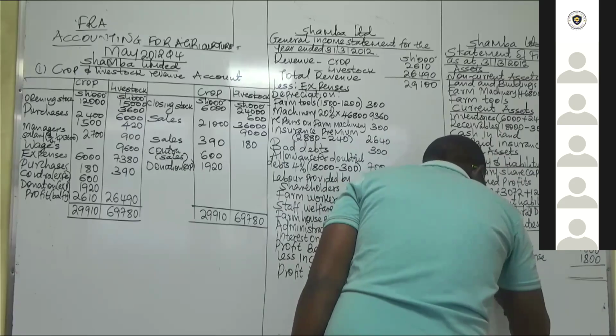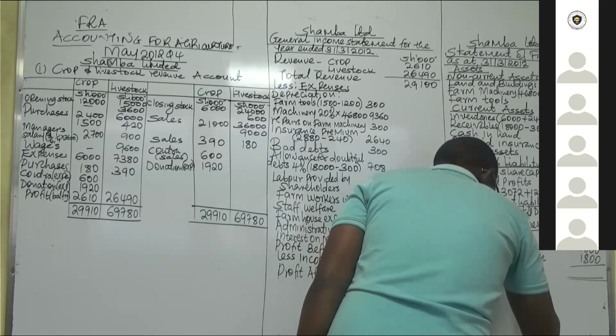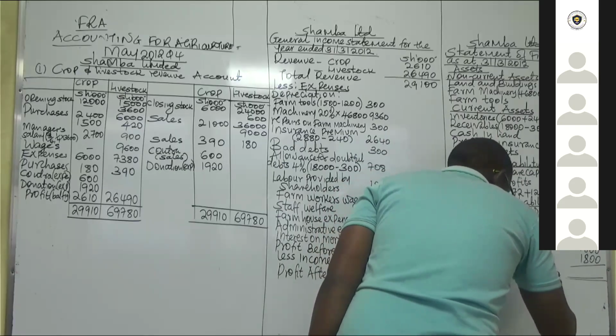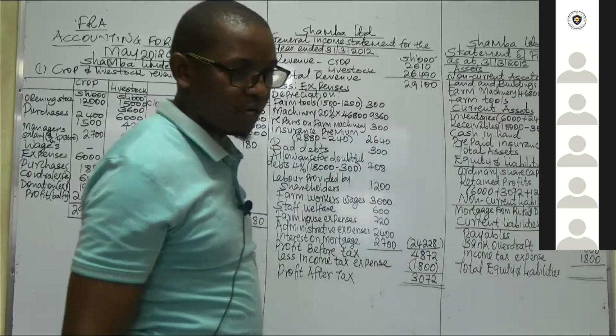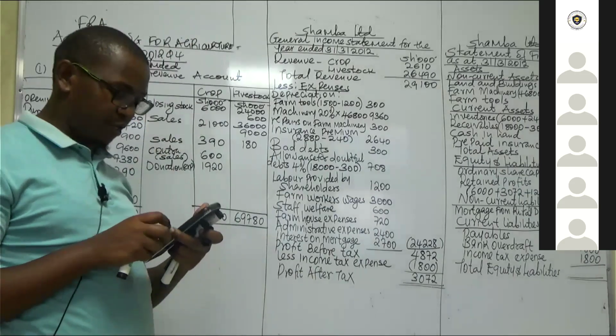Total equity and liabilities, how much is it giving you?